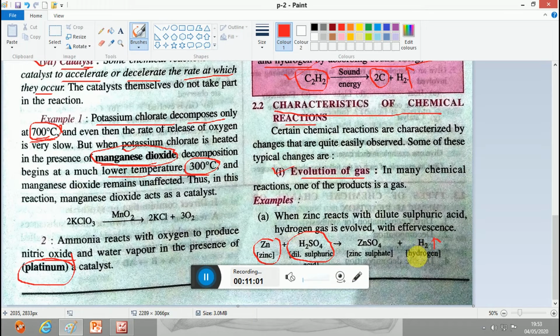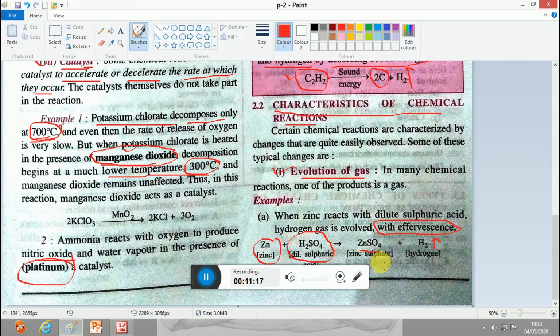And this gas evolved, if it is with sound, will be termed as effervescence. This is the evolution of gas with sound from the solution mixture.